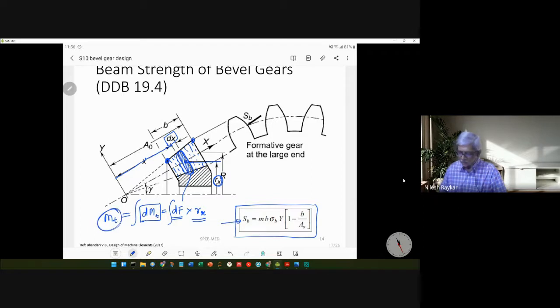And this MT can be calculated by integrating the elemental force calculated for this slice multiplied by the mean pitch circle radius of that particular slice, integrated over the width of the gear. So that is the outline of the derivation, and we'll now go step by step so that it becomes clear.